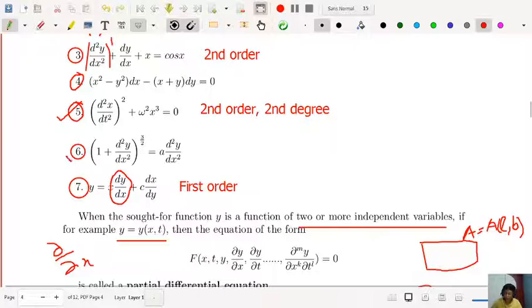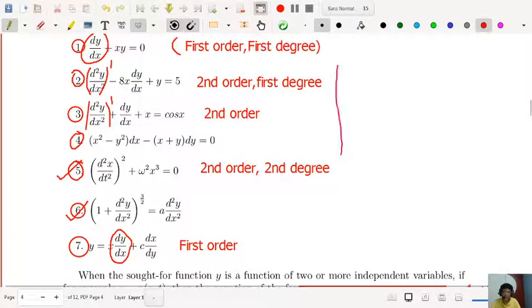And what about 6.1? You have mentioned that the order of this differential equation is second. It is a second order differential equation, but you cannot specify the degree because you have a fraction in the power. So let us write this differential equation in that form.